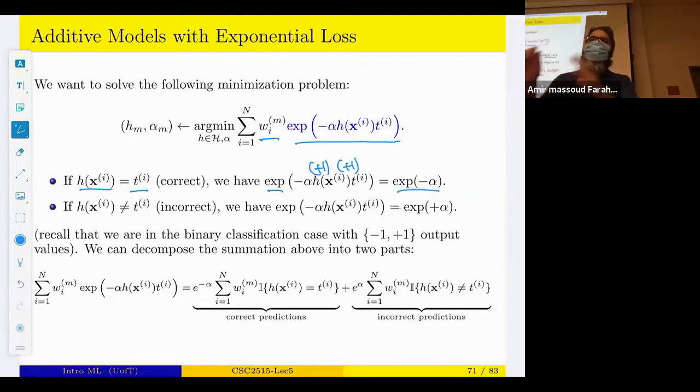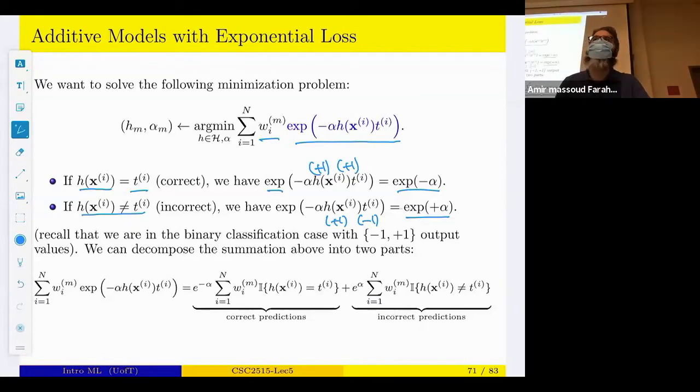So if the prediction is correct for some h, the loss would be the exponential of minus alpha. And if the prediction is incorrect, we get, say, +1, but the true label is -1. So we get the exponential of plus alpha. And this is, of course, binary classification with -1 and +1 outputs. If it was different, like 0 and 1, it would be very similar.